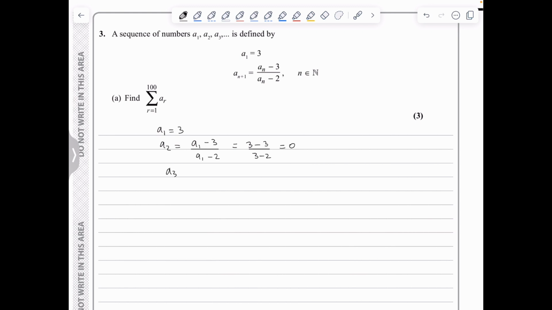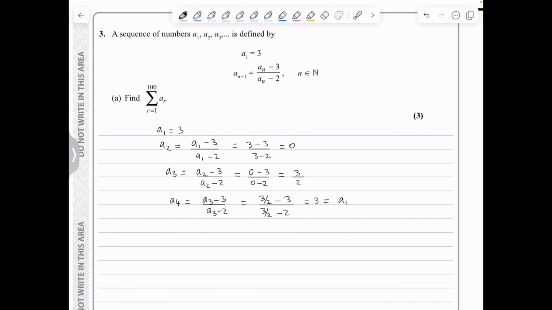The third term now is a2 minus 3 over a2 minus 2. Substituting a2 to be 0, we get 0 minus 3 over 0 minus 2. So this gives an answer of 3 over 2. And then for a4, it's going to be a3 minus 3 over a3 minus 2, which is 3 over 2 minus 3 over 3 over 2 minus 2, which gives an answer of 3, and we notice that this is a1.